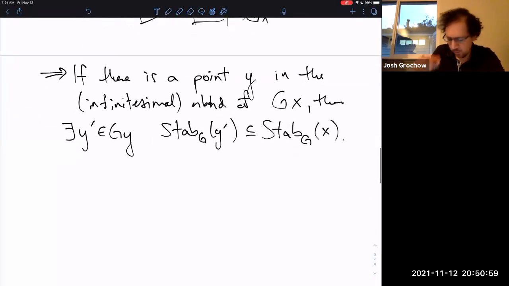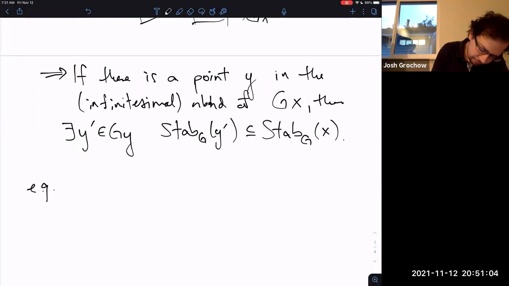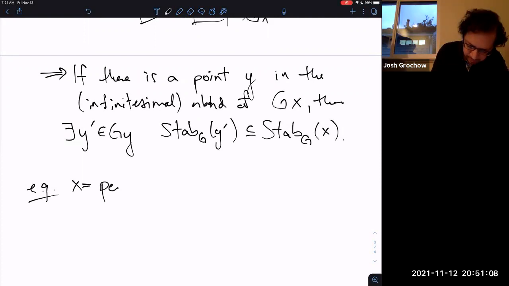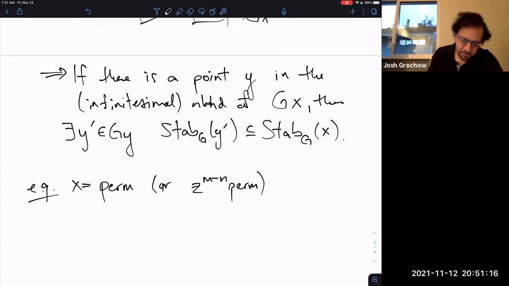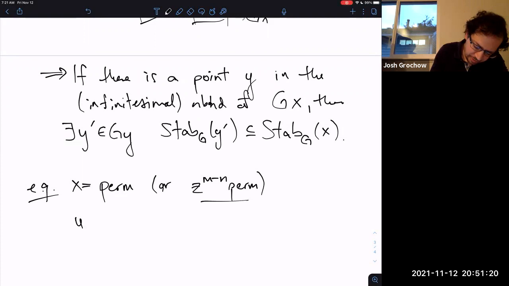Okay, so the example to have in mind here is where x is the permanent, or if you like, the padded permanent, depending on what setting you're in. And maybe let's say the padded permanent, actually. And y is, say, the determinant.